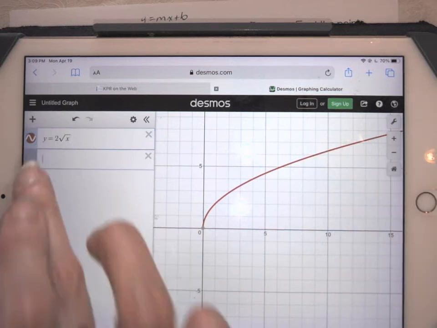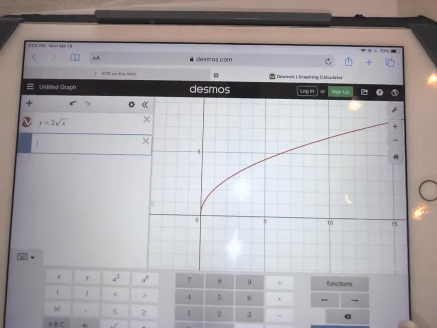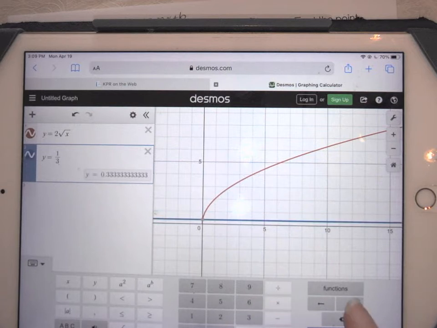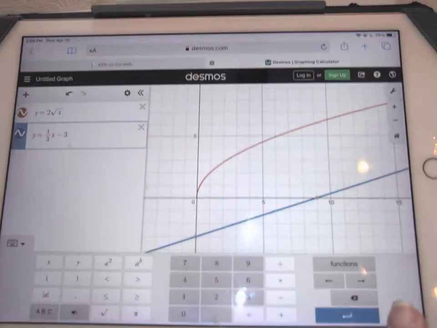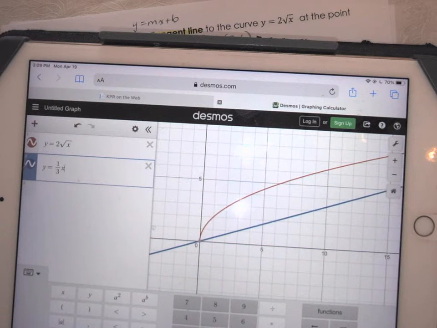Keep that in mind. And then my tangent line is y equals 1/3 x minus 3. Sorry, plus 3. My bad short-term memory here.